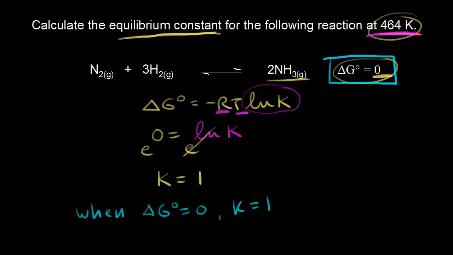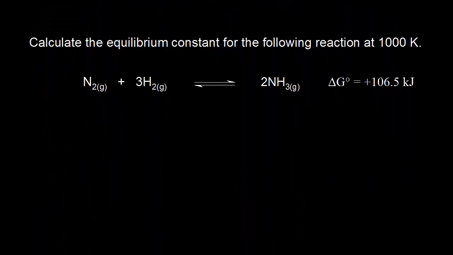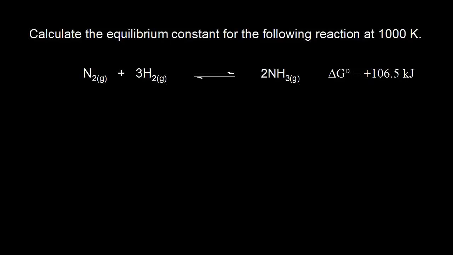Let's do one more example. So let's find the equilibrium constant again at another temperature. So now we're at 1000 K, and our standard change in free energy, delta G0, is equal to positive 106.5 kilojoules.